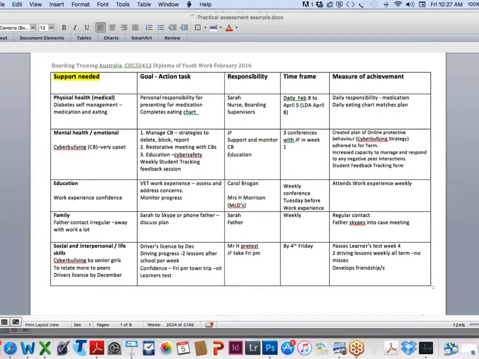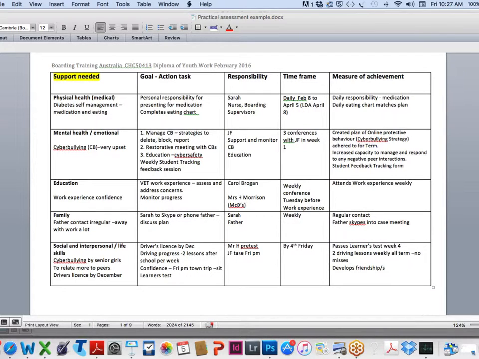The next support we need is around the cyberbullying, and so we've got some strategies or goals that we're going to work on there. We're going to have some strategy conferences with her, some little sessions, 3 days this week, to work on strategies about the cyberbullying. We're going to aim towards having a restorative meeting with the cyberbulliers, and then we're going to also do some education and cyber safety with her, and then maybe the whole group a bit later on.